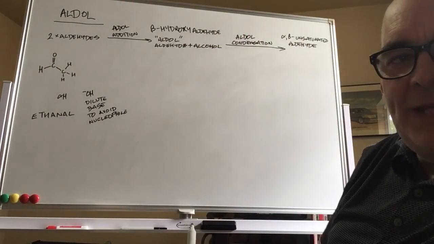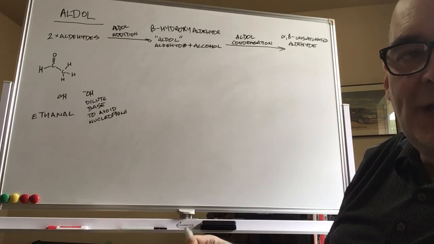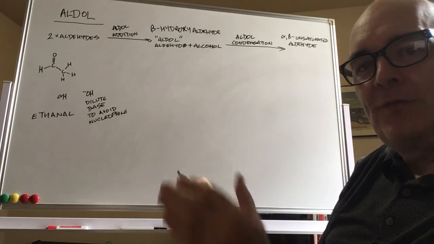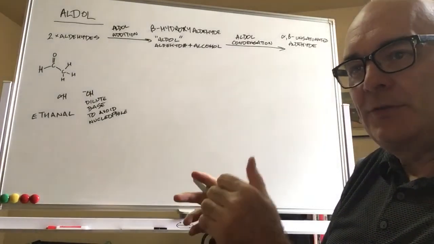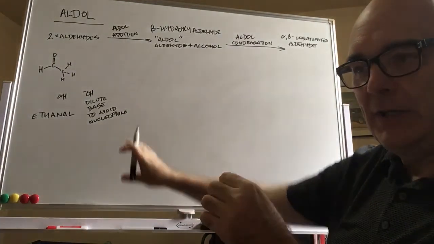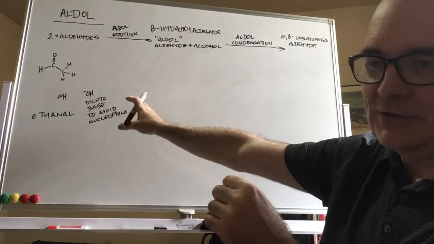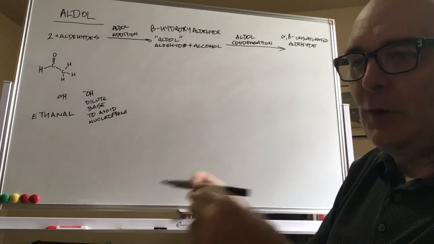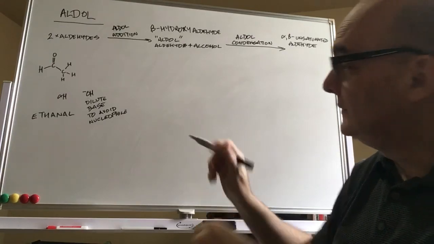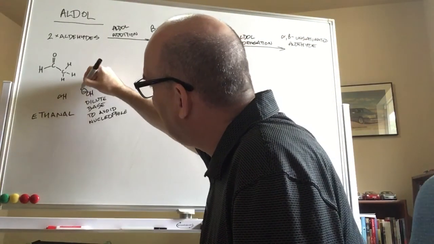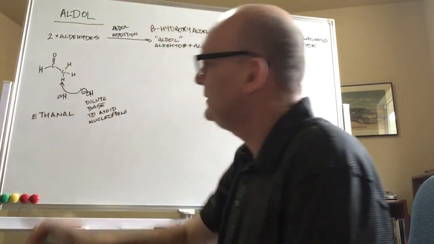It's easy to be a base, easier to be a base than it is to be a nucleophile. So if I pull back on the strength of the base that I'm using, and what I'm doing here is, hydroxide's a strong base, so I'm pulling back on its concentration by making it dilute, then I leave it the easy reaction.